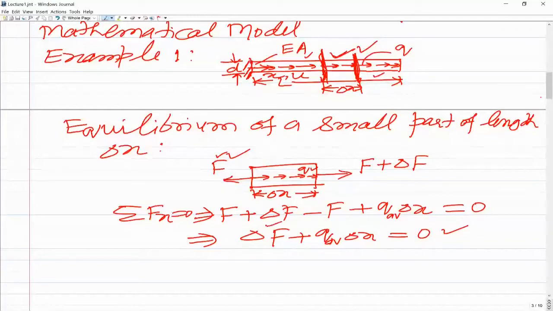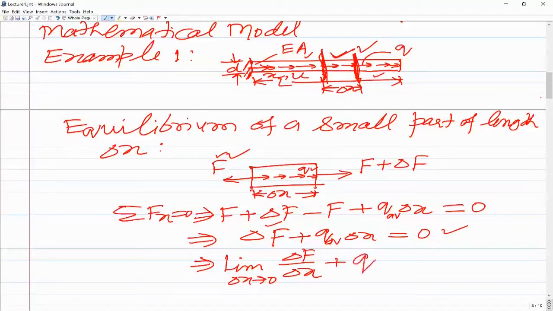To make it non-trivial, we divide it by delta x and take the limit, delta x going to 0. So we write the limit delta x going to 0, whole thing divided by delta x. We get delta F by delta x over here, and the second term, because we are dividing by delta x, the delta x goes out, and q average will become the exact value of q at given x.